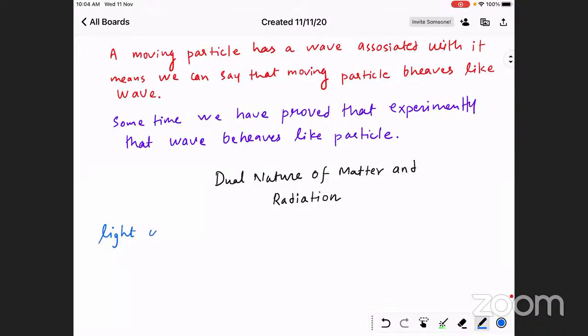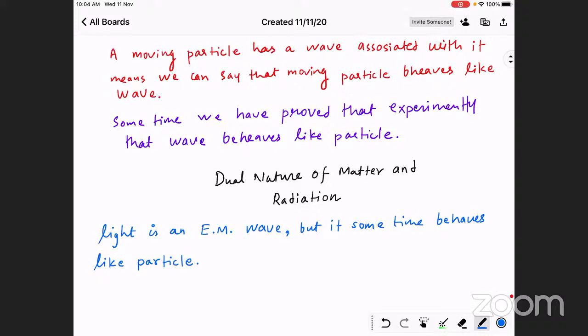All of us know light is an EM wave, but it sometimes behaves like a particle.